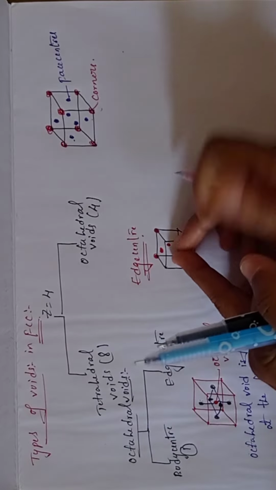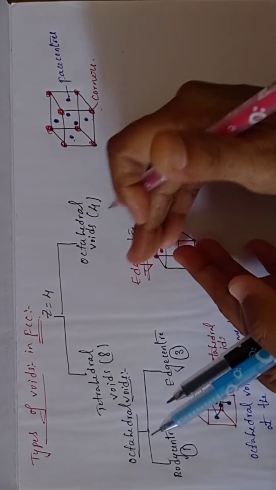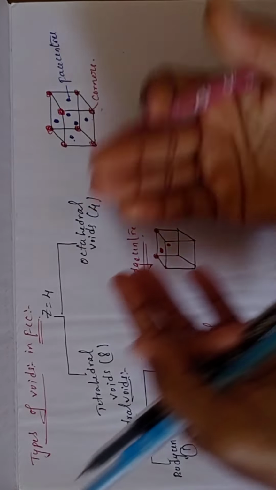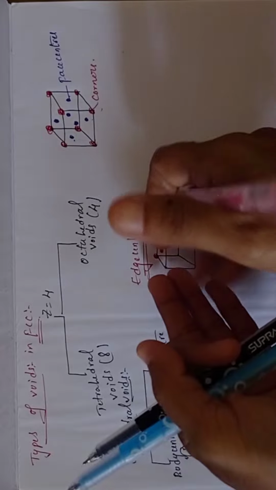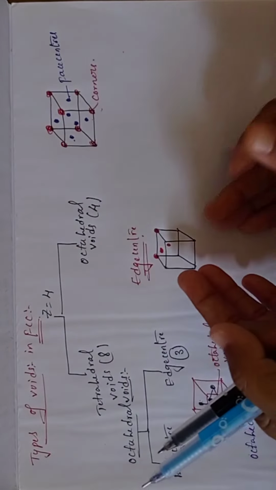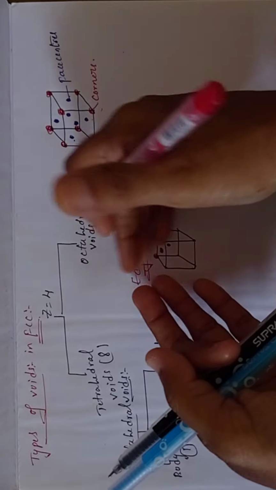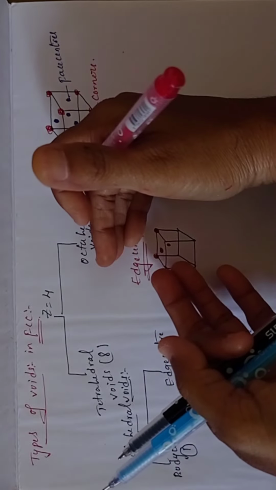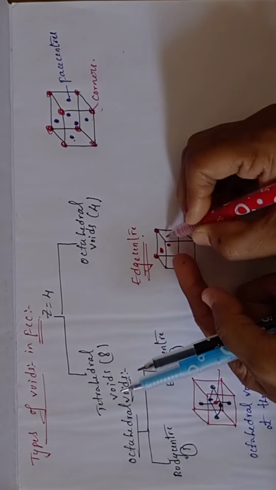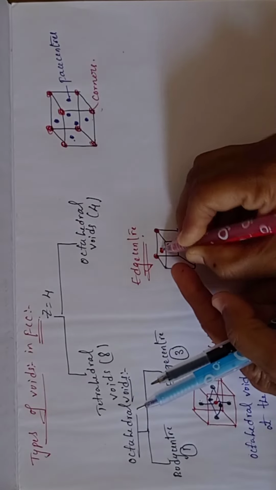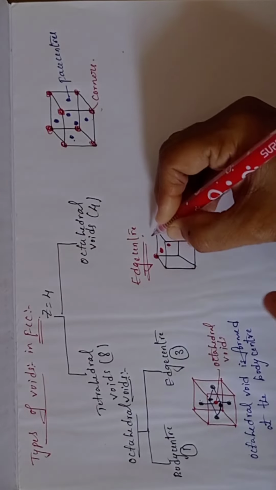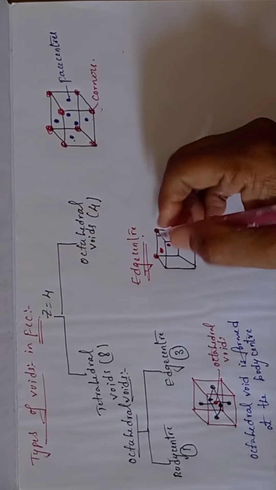Clear? And if you take above this unit cell, one more unit cell will be there, so we know that adjacent to this, nearly 7-8 unit cells will be there. Correct? I am taking the first one, and then above this one, one unit cell I am taking. So to that one, the top face center particle is here.